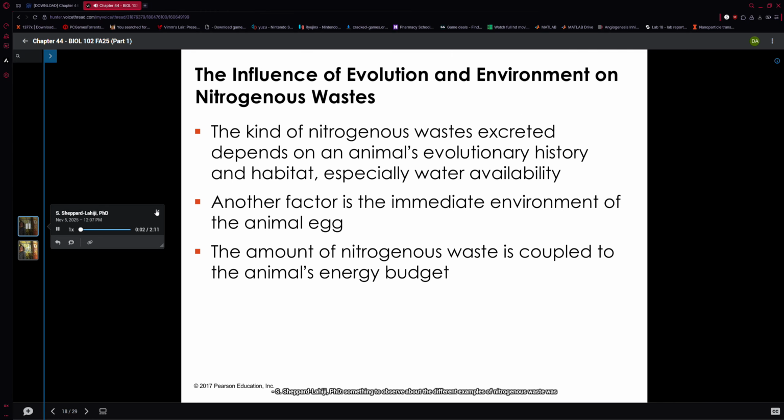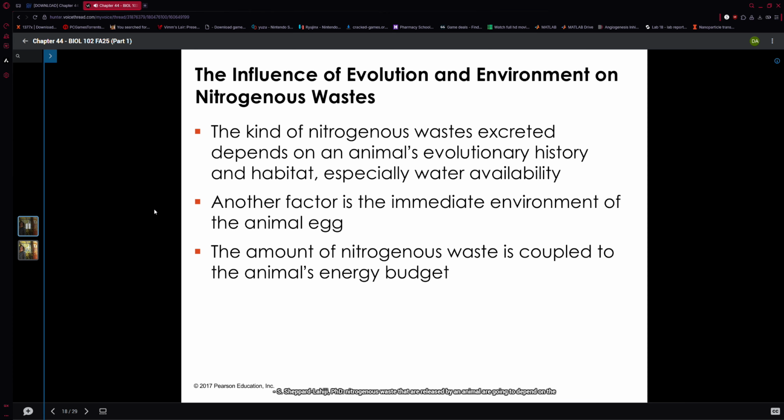Something to observe about the different examples of nitrogenous waste was that they varied with respect to their level of toxicity or the amount of water that was required in order to excrete them. So what this slide provides is essentially a summary of what was previously discussed, and then there's a little bit more to factor in as well.